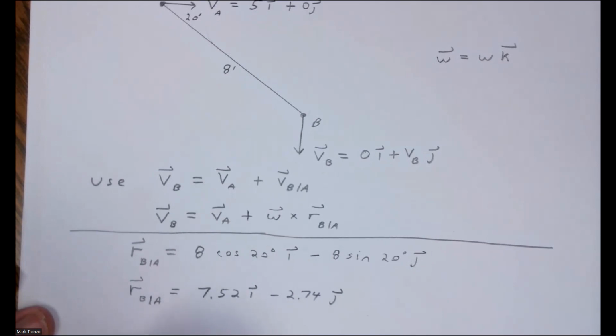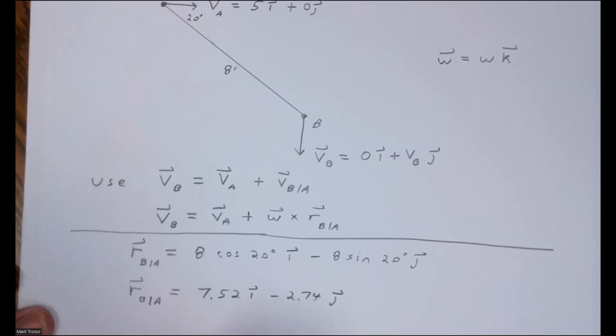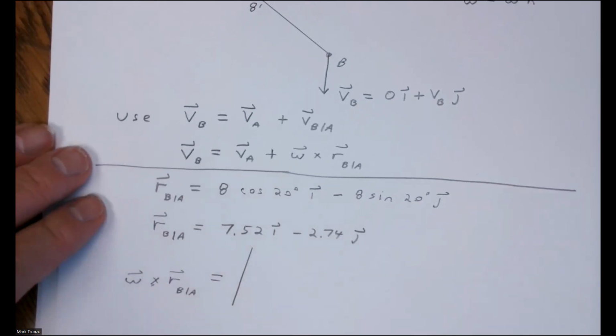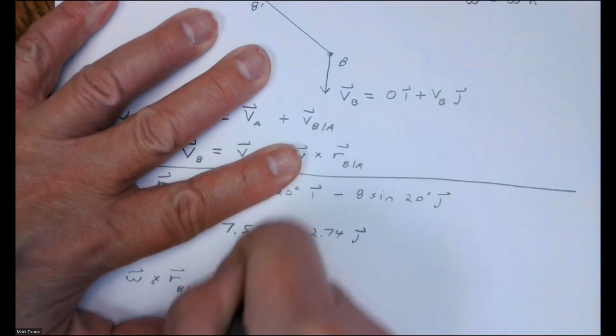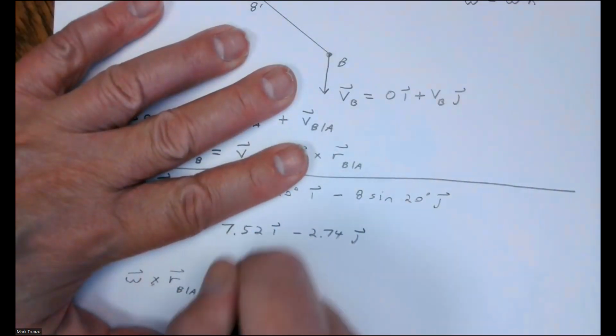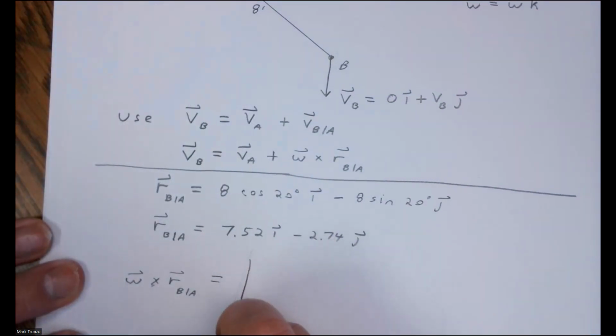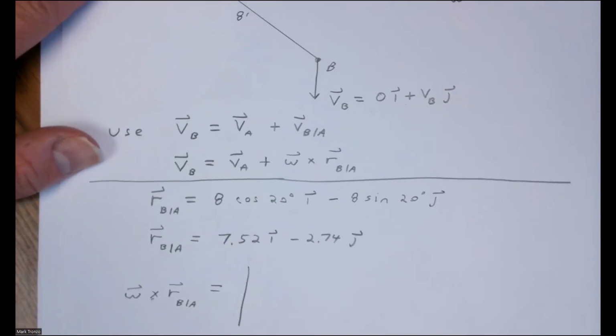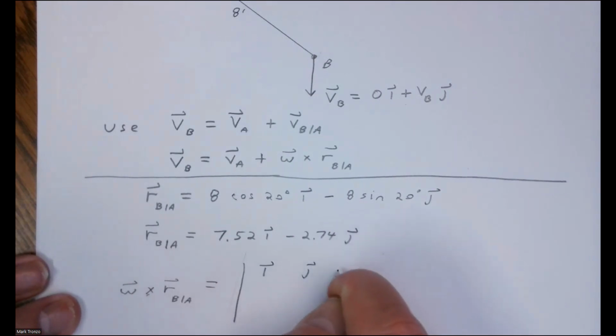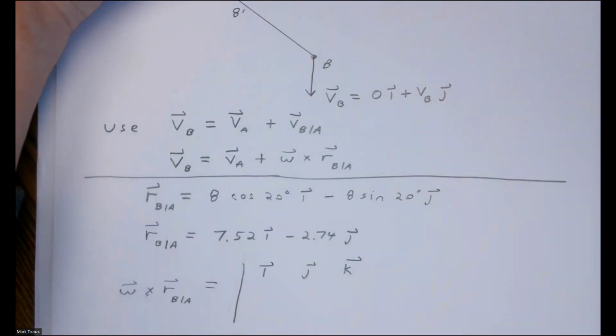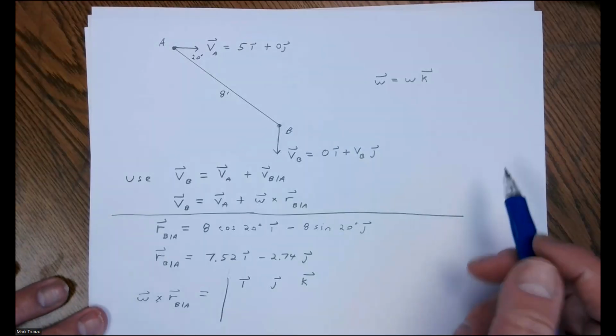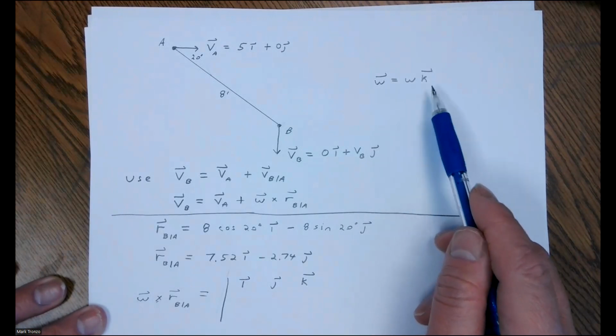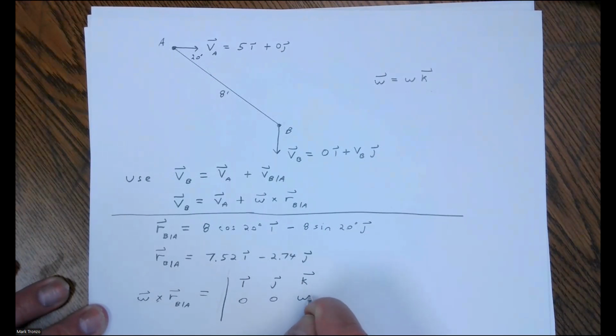So it's omega cross RBA, which we set up as a determinant with I, J, K. Remember up here the vector omega was omega K, so it's 0, 0, omega.